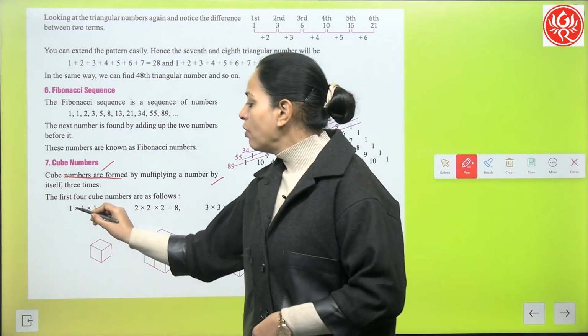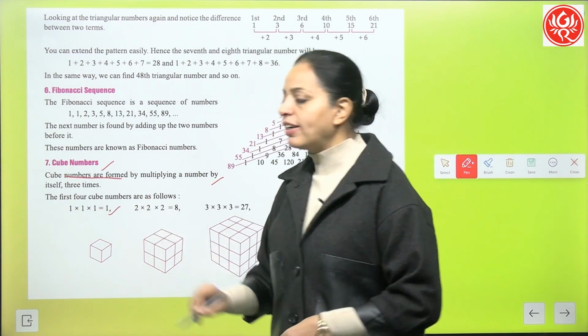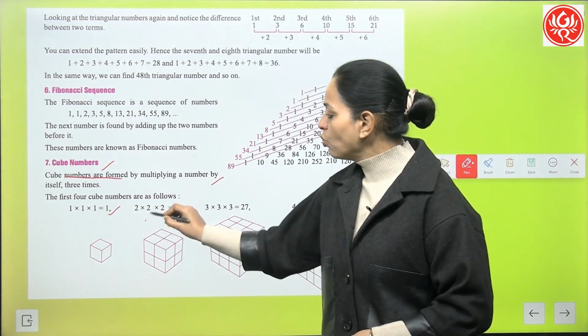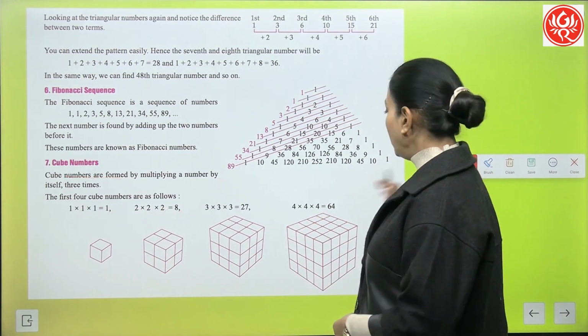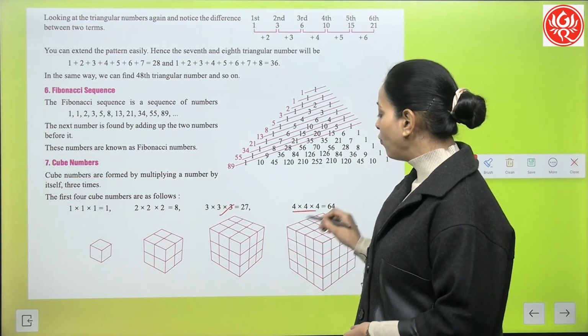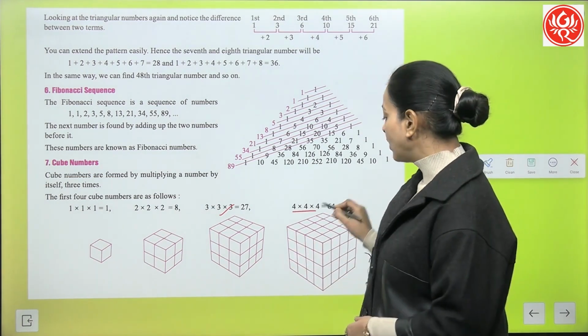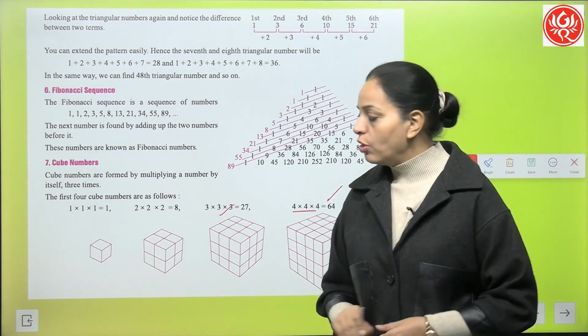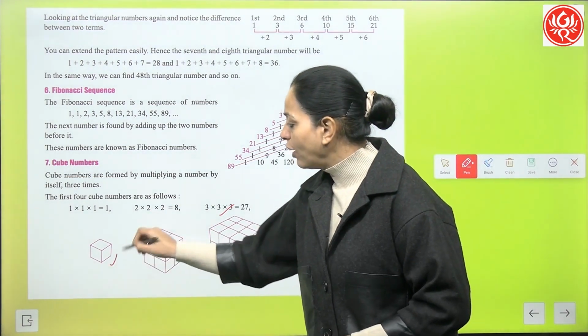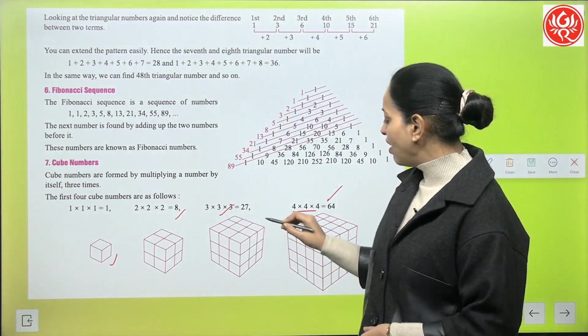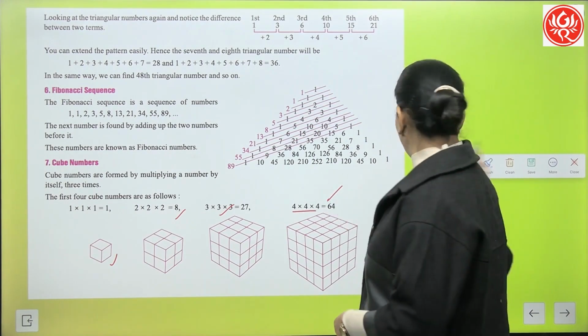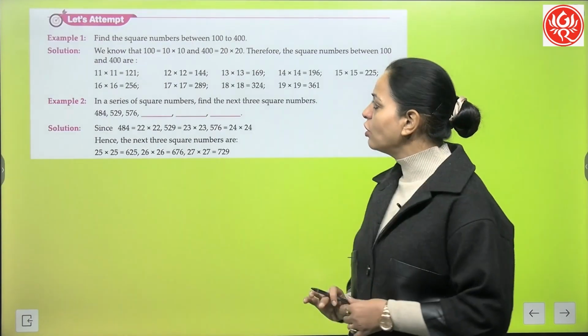Like here 1 into 1 into 1, that is 1. 2 into 2 into 2, that is 8. 3 into 3 into 3, that is 27. And 4 into 4 into 4, that is 64. You can see 1 cube, 2 cube is 8, here 27, here 64. Okay, I hope these are clear to you.